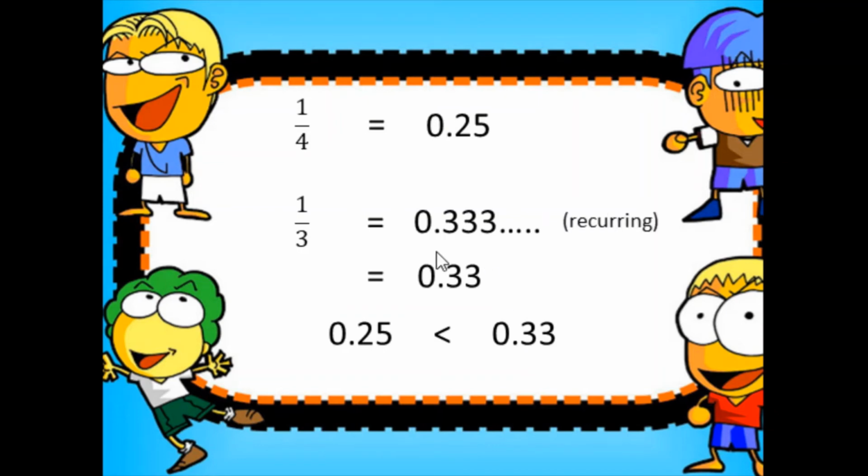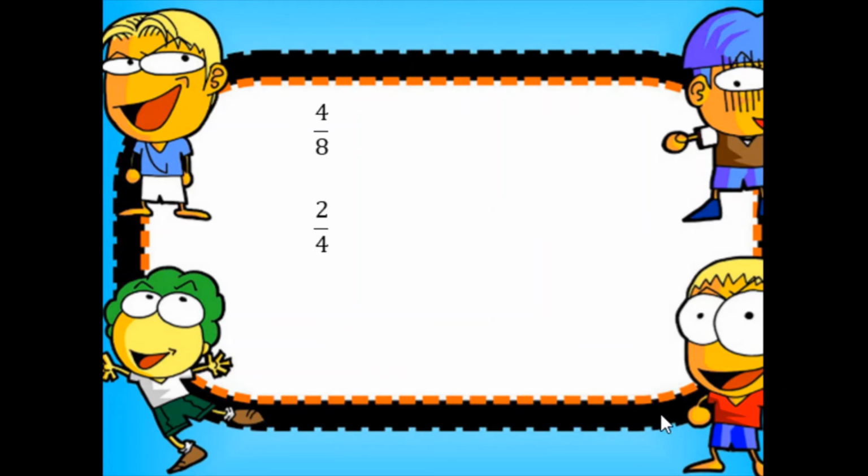If the decimal does not stop and keeps on repeating a particular number, it's what we call recurring. Everybody say recurring. Okay, good job. And this one, 0.25 is less than 0.33.